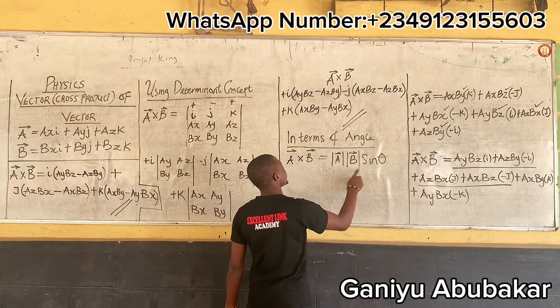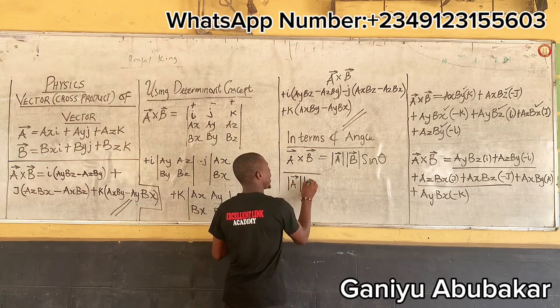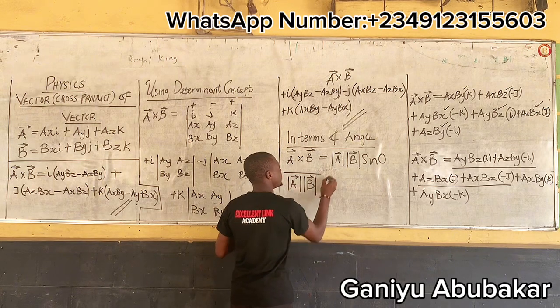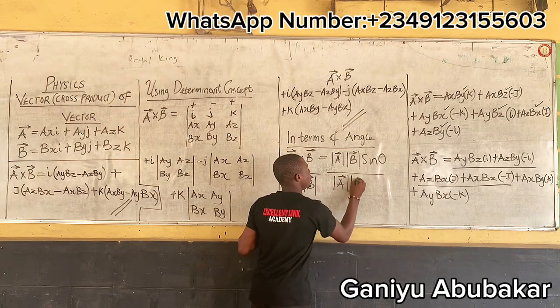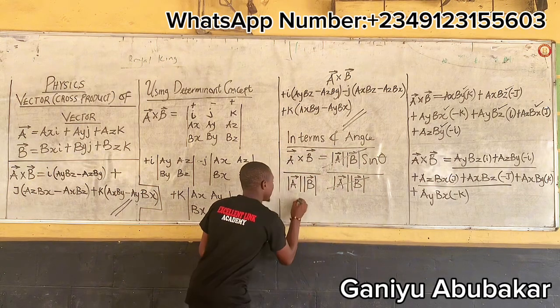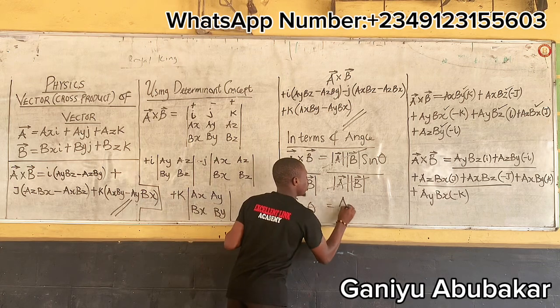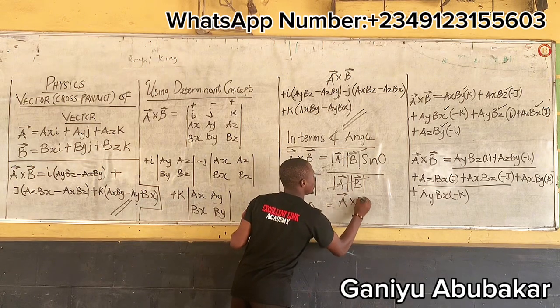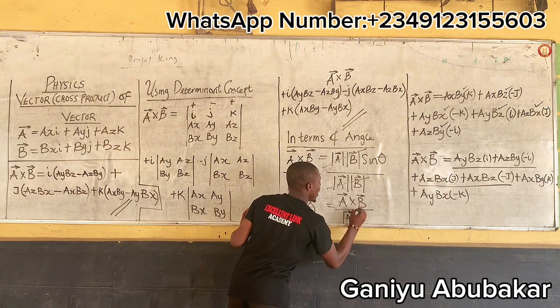I'll divide both sides by the magnitude of vector A and vector B. So this one cancels this, and I'll have sine theta left. Sine theta is equal to the cross product of vector A and B, all over magnitude of A and magnitude of B.